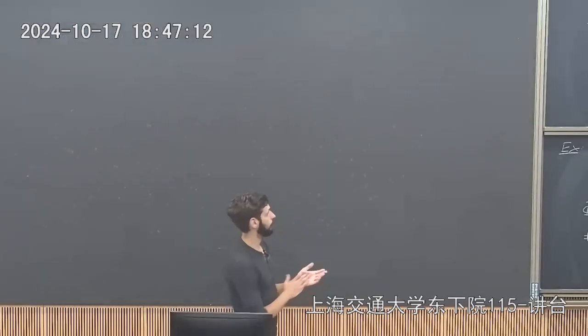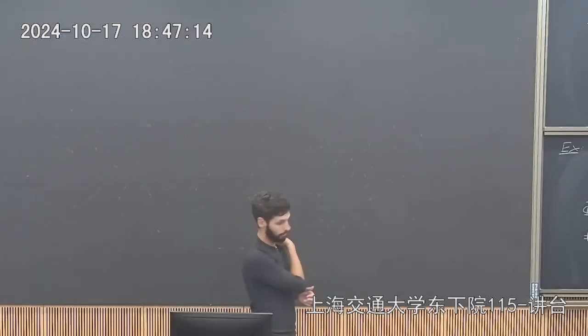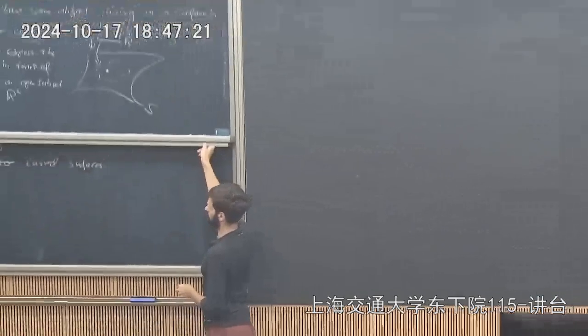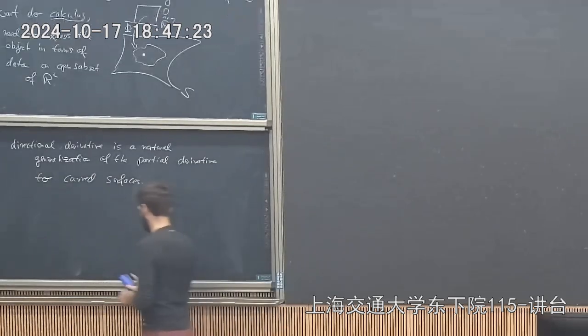So for functions, it's relatively simple to get a chart representation. Now we would like to do the same thing with vectors and vector fields.